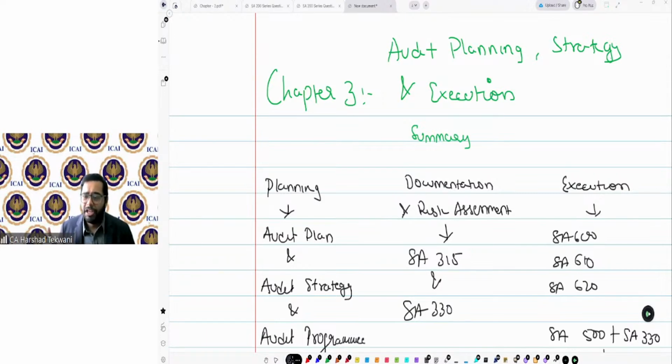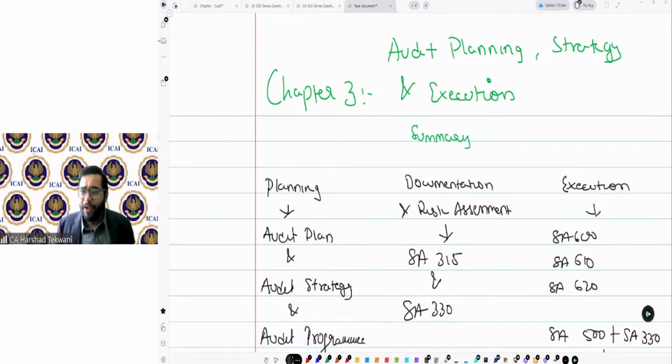The bifurcation into chapters is for easy understanding of the topics. So in a chapter like audit planning, strategy, and execution, they are all clubbed together. Let's say for a practical example, a practical area can cover multiple topics, and that topic can be in one chapter and in another chapter.